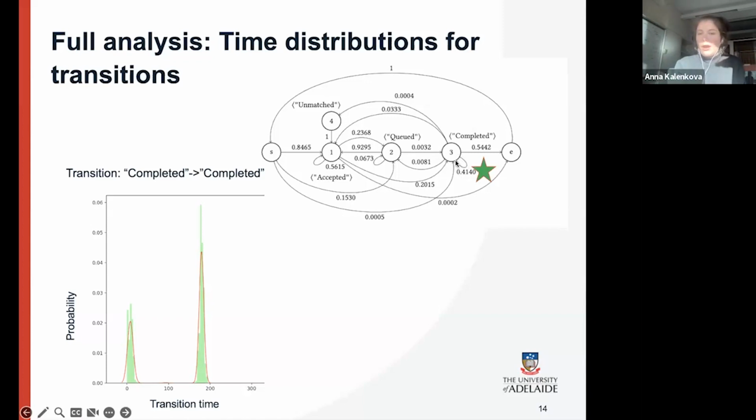We can go through our log and collect all the times in between completed and completed, and we get some kind of sample that we can build a histogram from. You can see that this is actually not an exponential distribution. It has two modes. It looks like we have to apply something non-Markovian here.